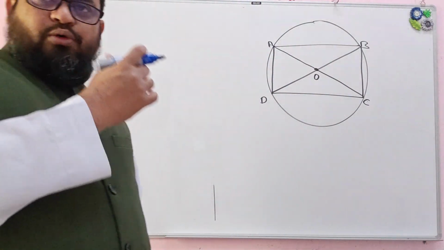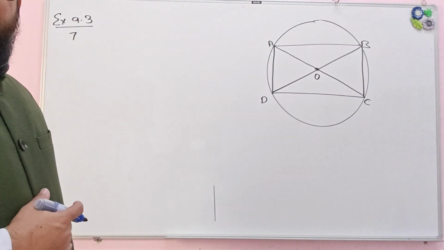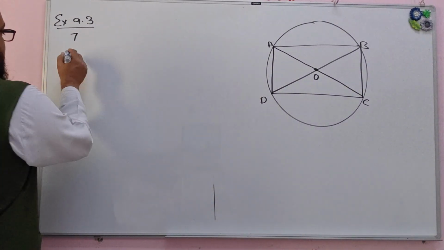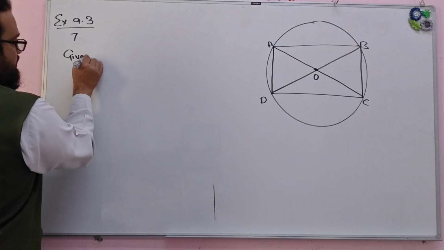So what has he given? If the diagonals of a cyclic quadrilateral are diameters of a circle. That means what is given, my dear students?